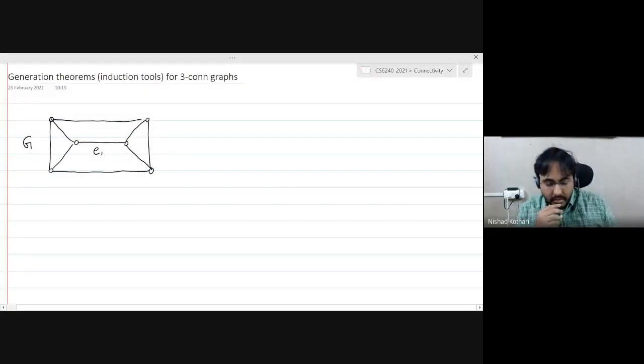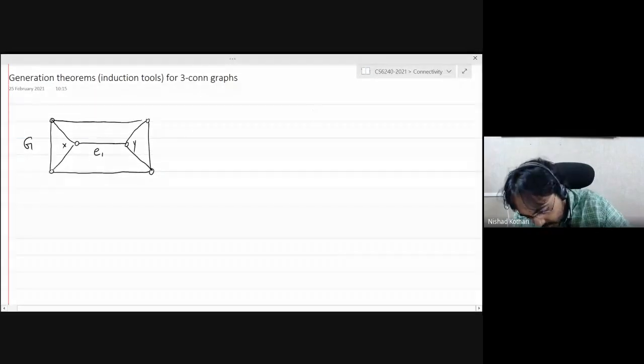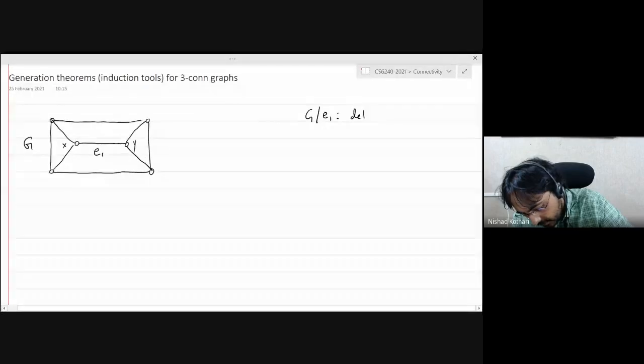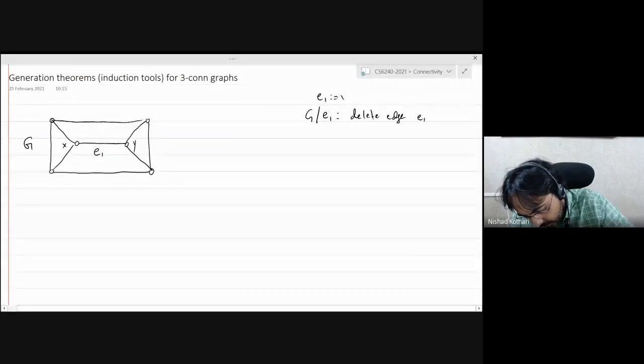What is contraction of an edge? We are going to delete the edge, and then we are going to identify its two ends. If the edge E1 has ends X and Y, then G contract E1 means you first delete the edge E1, here E1 is equal to XY.